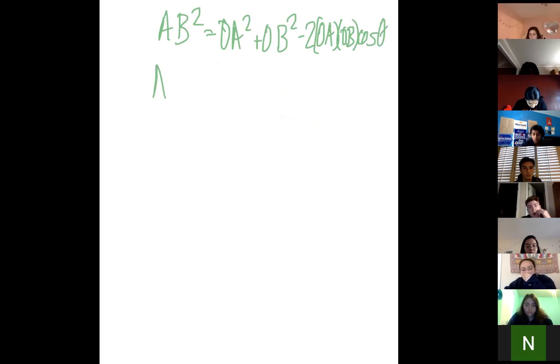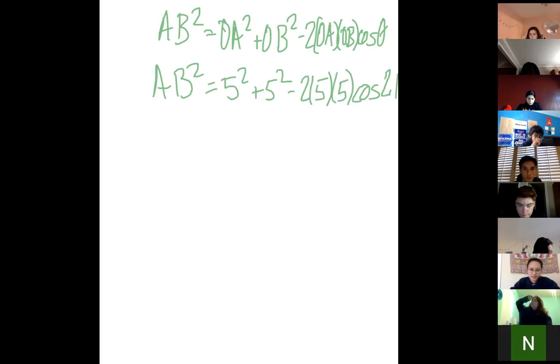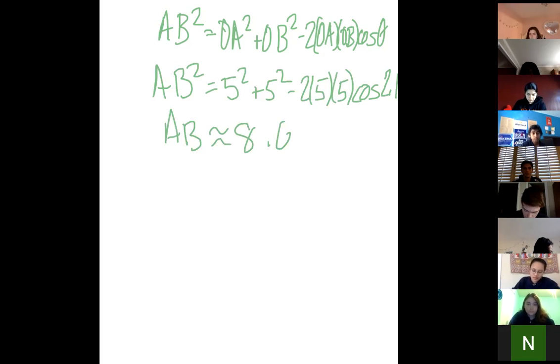So I get AB squared is equal to 5 squared plus 5 squared minus 2 times 5 times 5 times the cosine of 2.1. When you solve all of that out, you should get AB is approximately 8.67 centimeters.